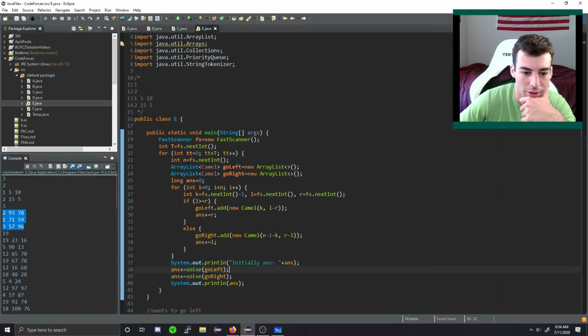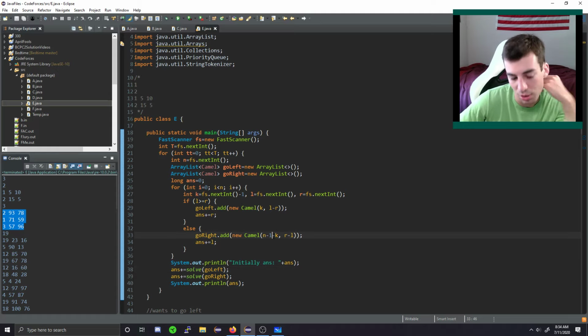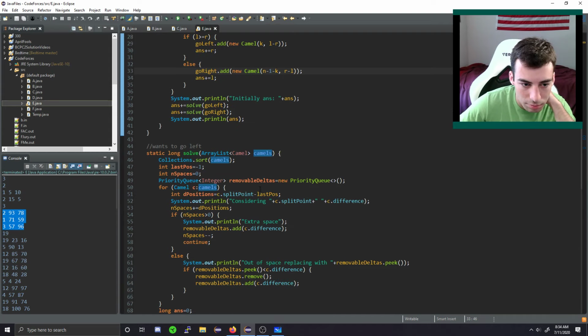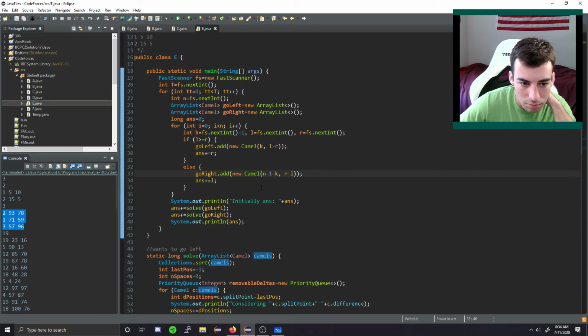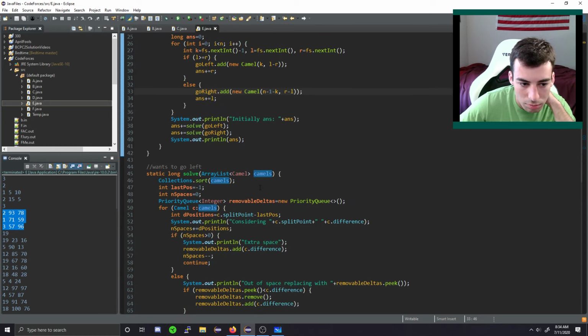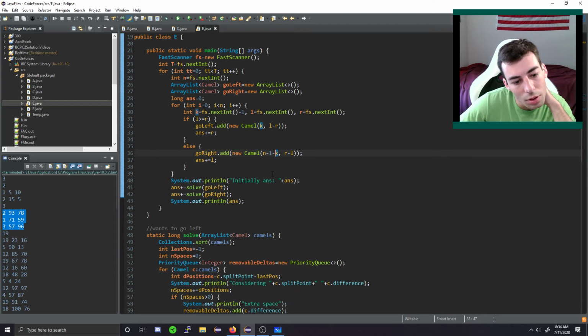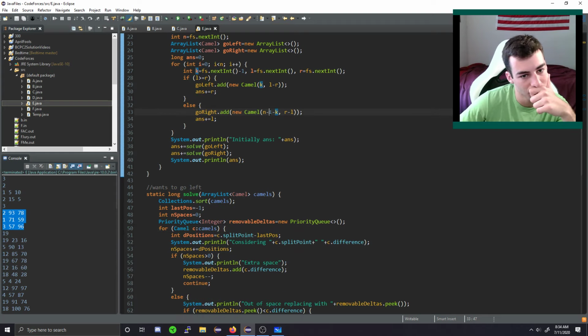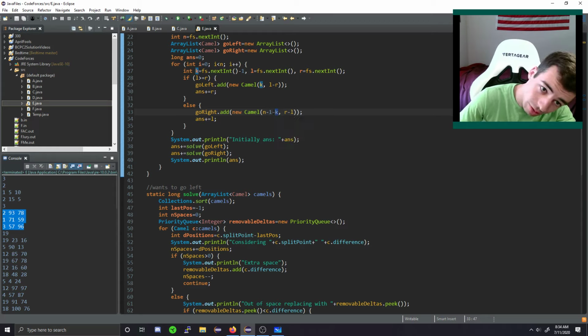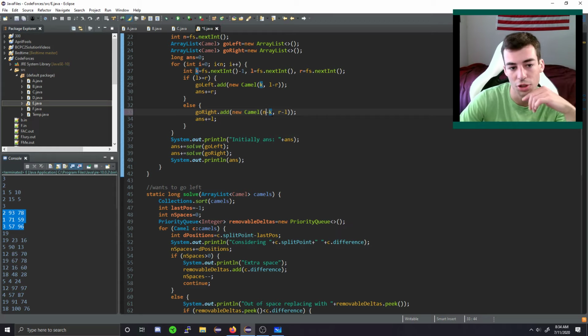I think I'm handling that wrong then. If this is n minus 1. If k, so in this case, k is equal to n minus 1. So really it should be n minus k.